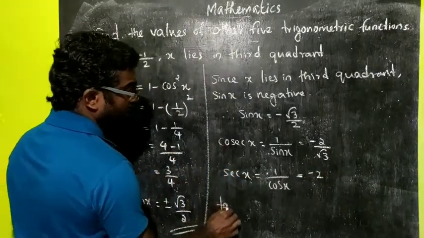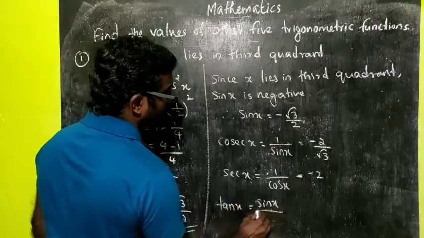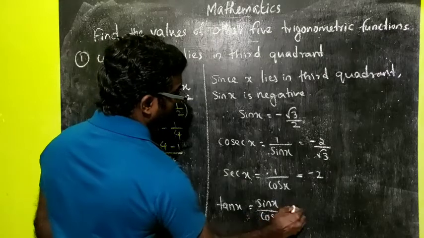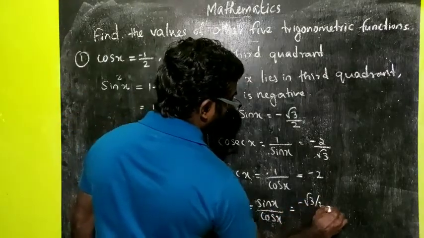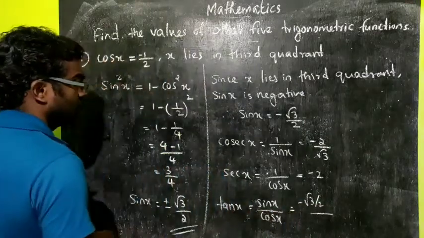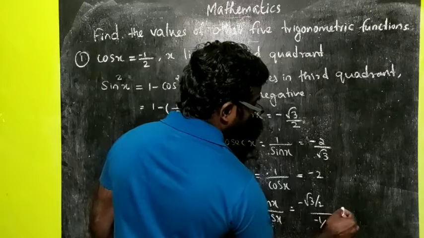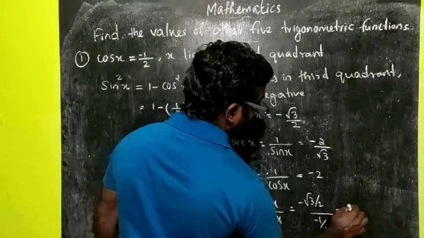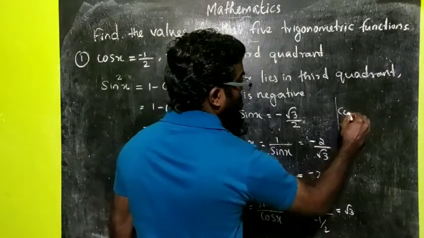Then tan x. We all know tan x is equal to sin x by cos x. So here it is equal to minus root 3 by 2 divided by cos x. Cos x is minus 1 by 2. And that will be equal to root 3. And finally cot x.